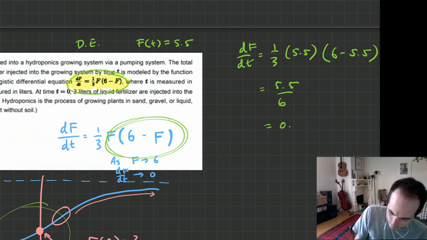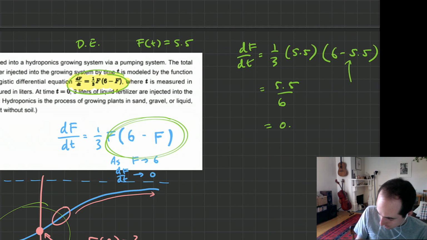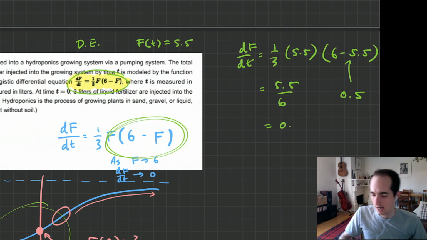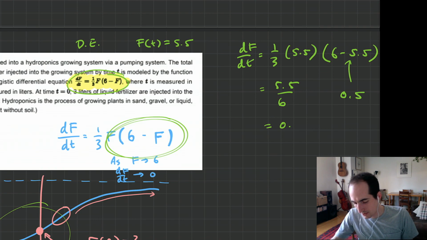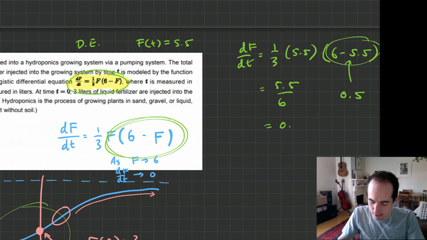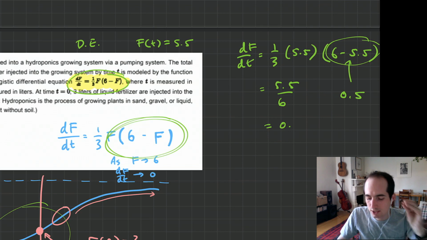So as we get closer and closer to 6, and 5.5 is very close to 6, this gets close to 0, and the closer and closer we get to 6, the closer and closer this gets to 0. So eventually we're getting so close to 0 that the derivative is effectively 0.